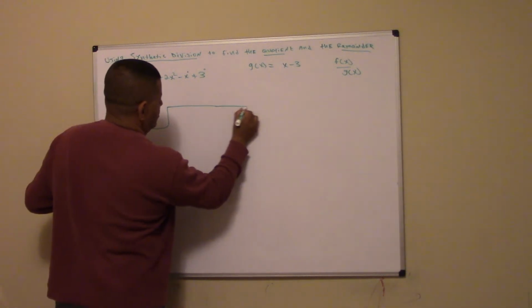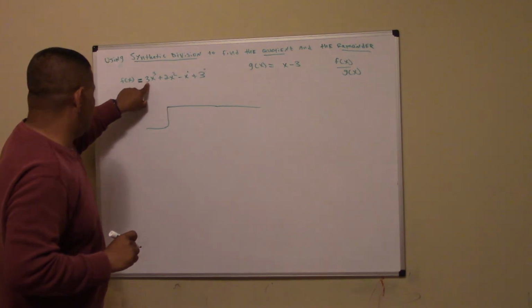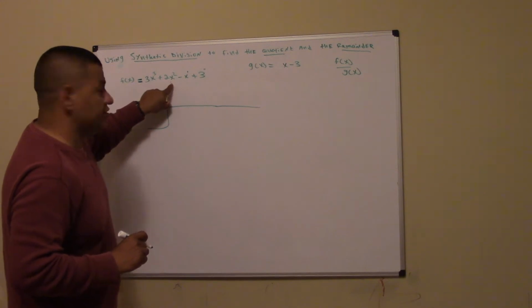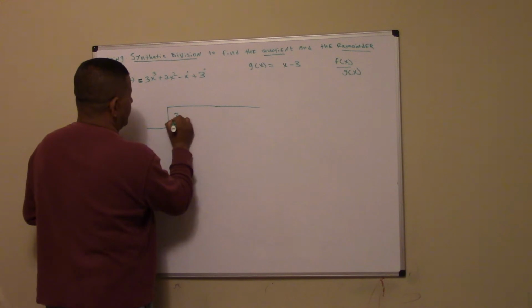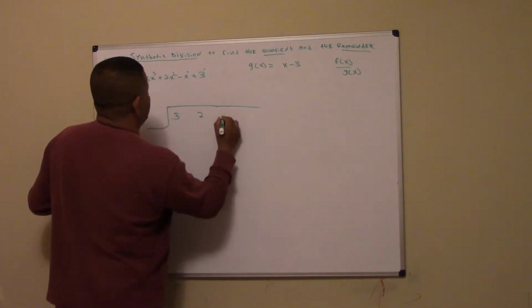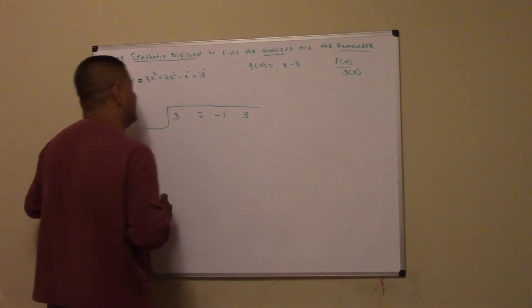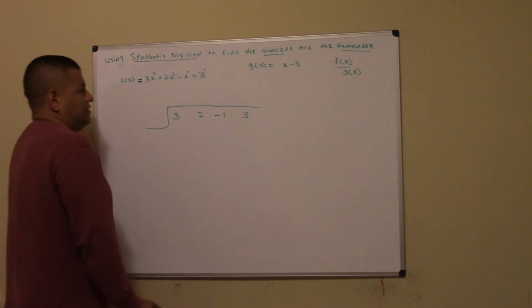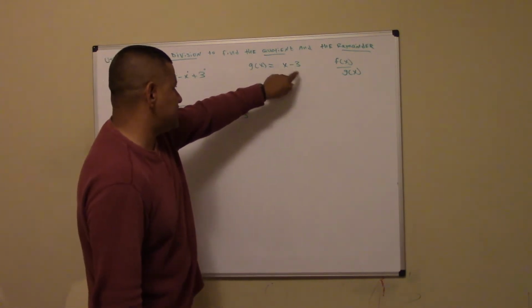Okay, so now instead of writing the coefficients and the variables, I am going to just keep the coefficients, which in this case is going to be 3, right? It's going to be 2. It's going to be -1 and 3. Now, in this case, I have x minus 3.